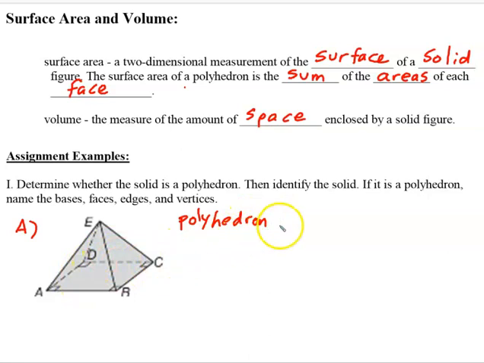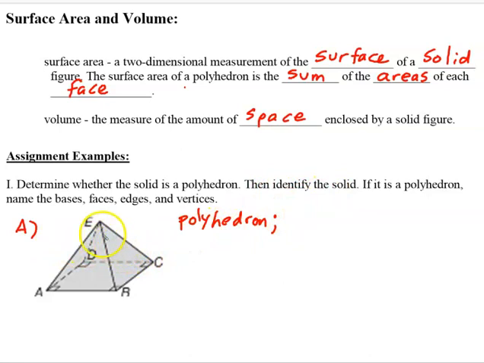All flat surfaces. The faces are polygons. The base is a polygon. No curved surfaces.